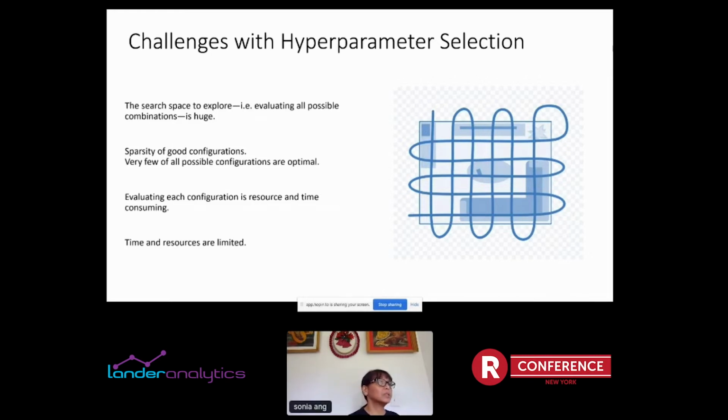And so it is really sparse. These good configurations are sparse. And on top of it all, only a small set of hyperparameter values end up performing well, but the vast majority end up performing poorly. And there's, of course, the resource and time to do this is very limited.